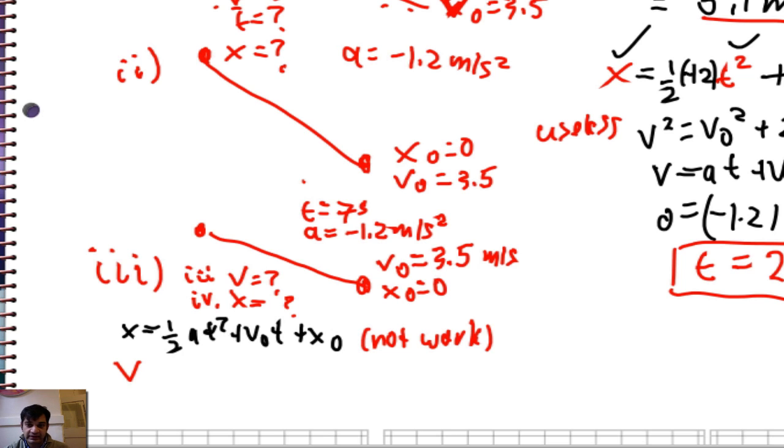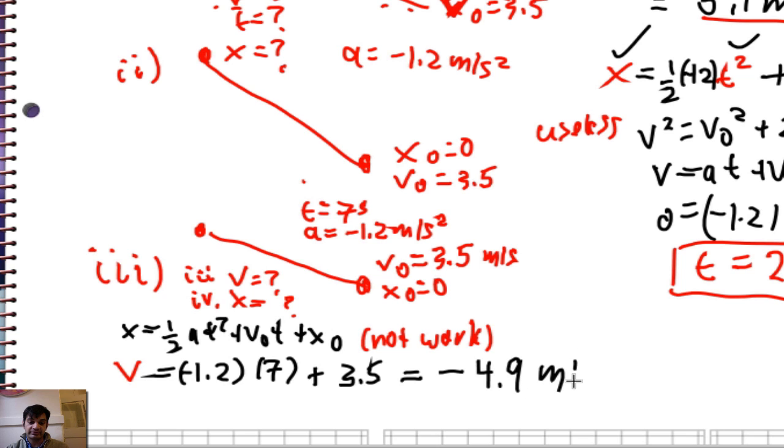So we have v equals negative 1.2 times the time, which is 7, plus our v naught, which is 3.5. When we go ahead and calculate that, the answer we'll get is negative 4.9 meters per second.